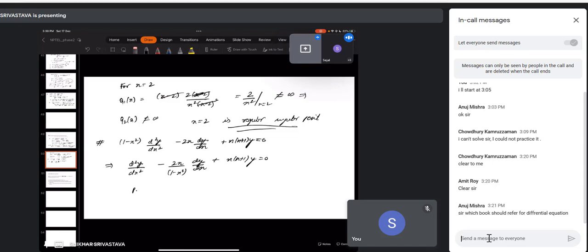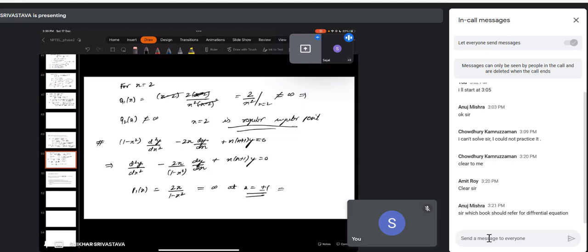Now your p1x is 2x upon 1 minus x square, which is not defined. It is equal to infinity at x equal to plus minus 1. If you put x equal to plus or minus 1, you will get p1x equal to infinity.